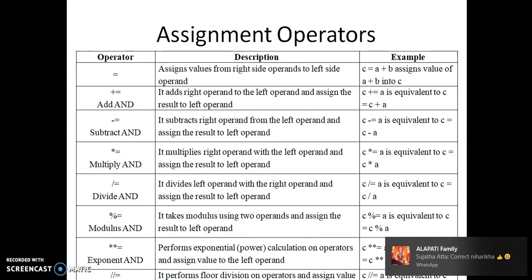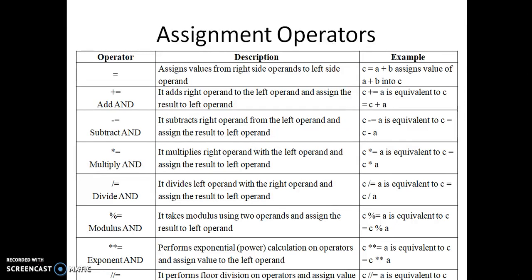Next, assignment operators. These operators are used as shortcut operators, where without using two operators we can use only one operator and perform two operations. Equal to is the assignment operator, where we can assign a value to a variable.